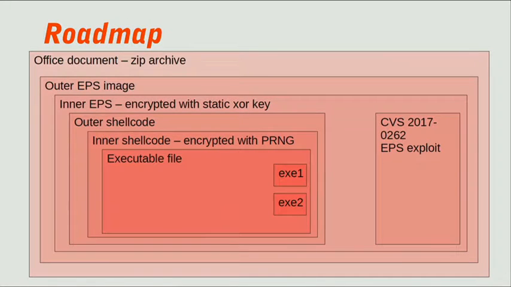So we can put another layer on our map. We found the executable file inside the shellcode, and inside that executable file there are 2 more executable files. So it all somehow stacks together.